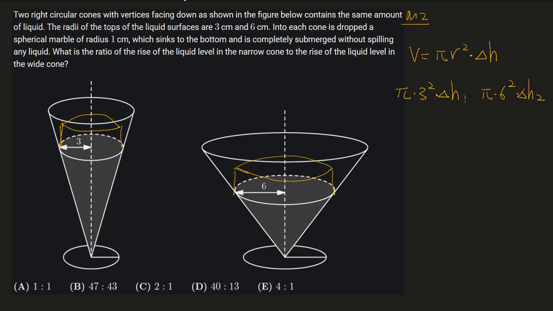And now you may wonder, what's the relationship of these two quantities? The cause of this rise of liquid surface is because we drop a marble in it. And because we drop an identical marble into each cone, the volume of the cylinders should be equal. But you may wonder that this is not the right case, as you said, it is in a strange world. That's right, they are not strictly equal.